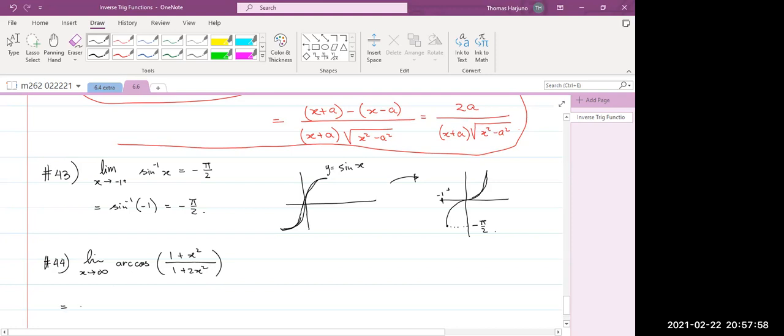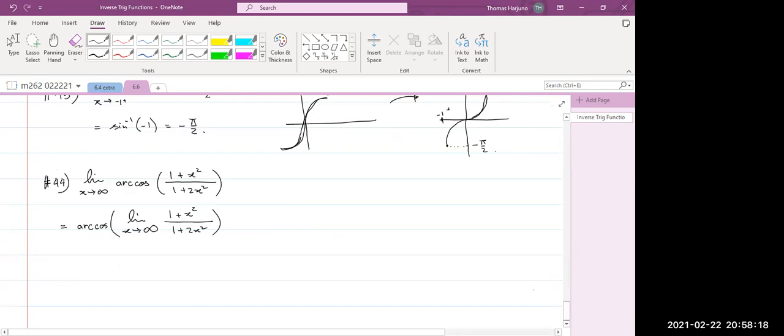But limit of function equals function of limit, as long as it is defined there. So arcus cosine of limit x goes to infinity of 1 plus x squared over 1 plus 2x squared.